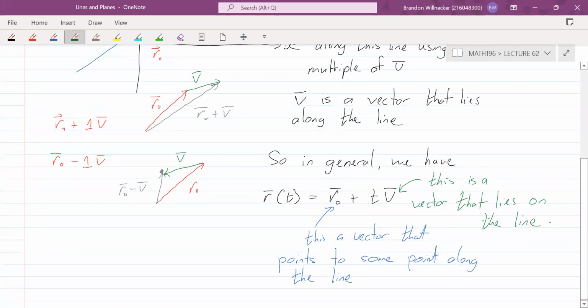And t is what we call the scaling parameter. So if we change t, that means we're moving along the line.